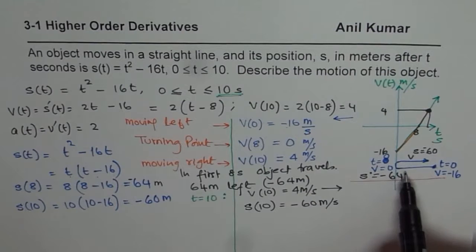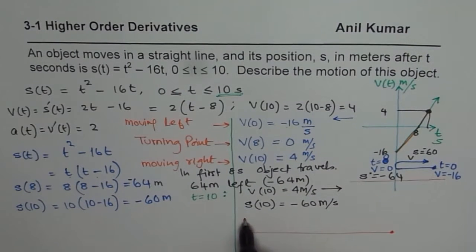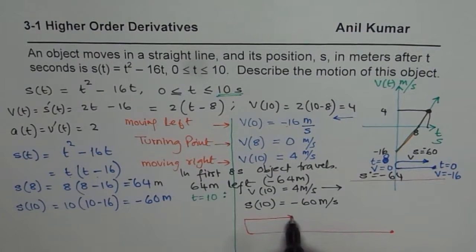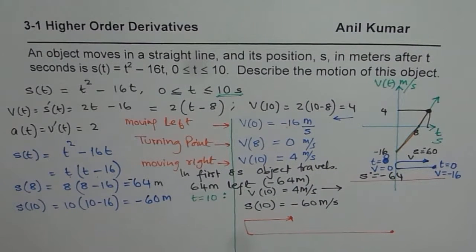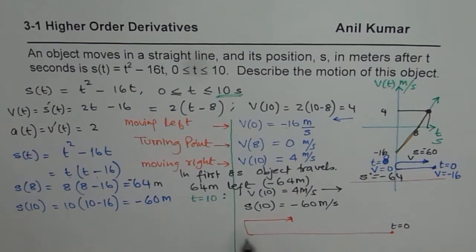So let me make a bigger scale here. We have an object which starts from here, goes there, and then goes backwards. Do you see that? So this is at t equals 0. Now as far as the position vectors, this reflects position.